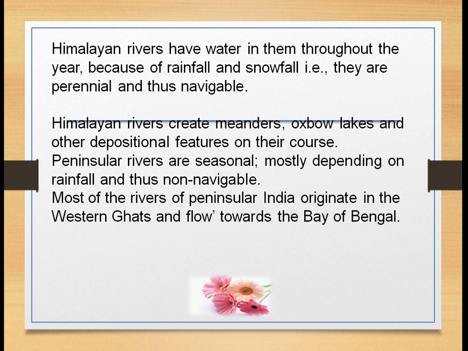Mostly they depend on the rainfall, thus they are non-navigable. Most of the Peninsular rivers originate in the Western Ghats and flow towards the Bay of Bengal. When we see the map, we will understand this concept in detail. So the clarification for Himalayan rivers and Peninsular rivers is clear.